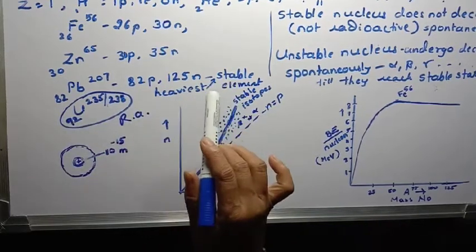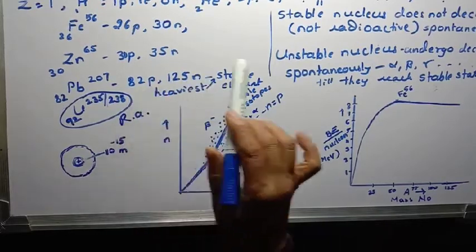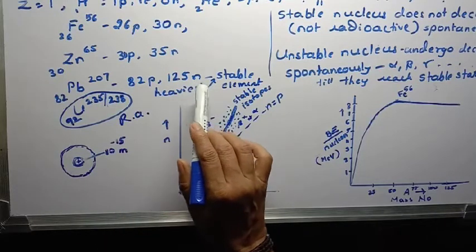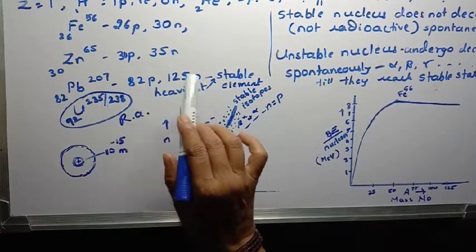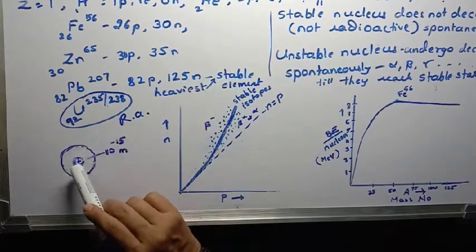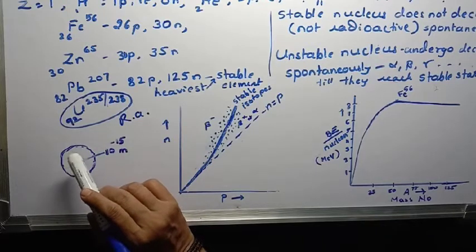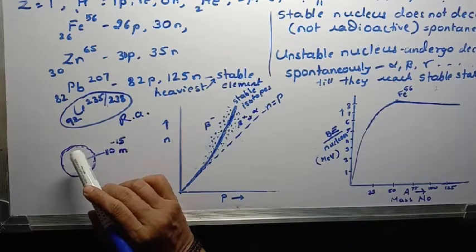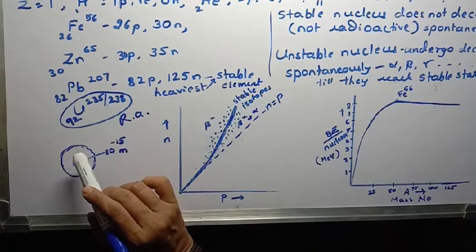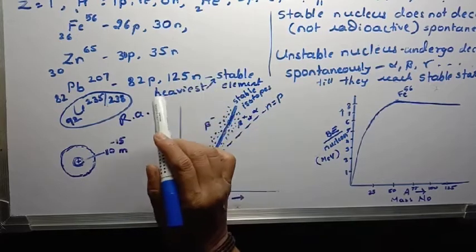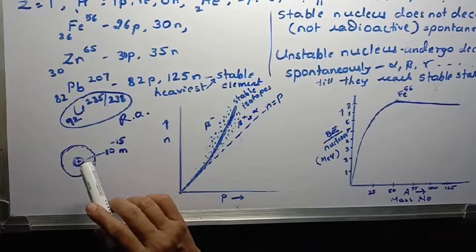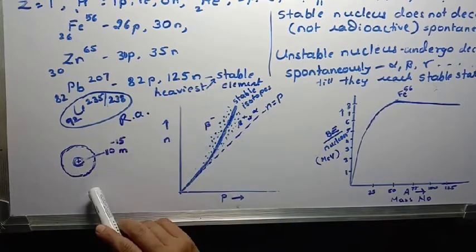Further, from 83, 84, 85 onwards, there is an increase in protons and also an increase in neutrons, but after 83 it is difficult to overcome the force of repulsion among the protons present in the nucleus. Thereby, above atomic number 82 or 83 onwards, the nucleus is unstable and it is a radioactive element.